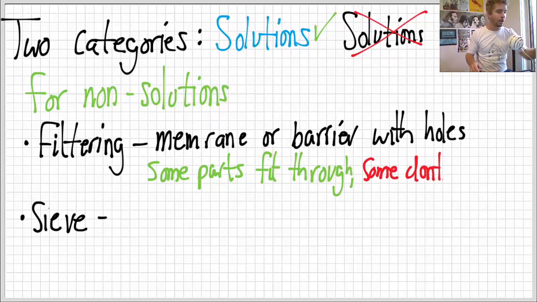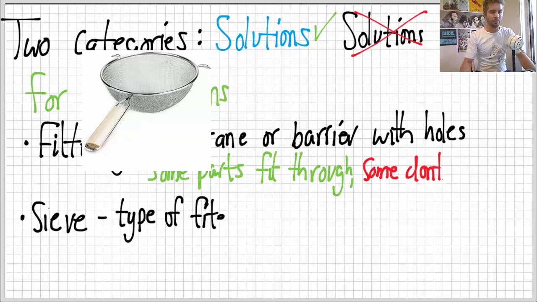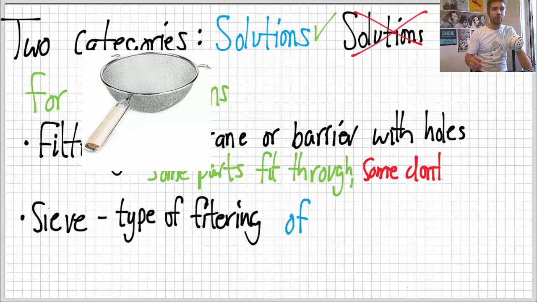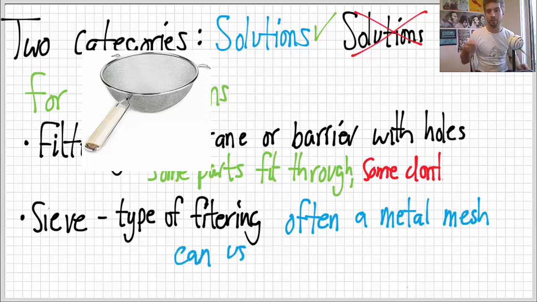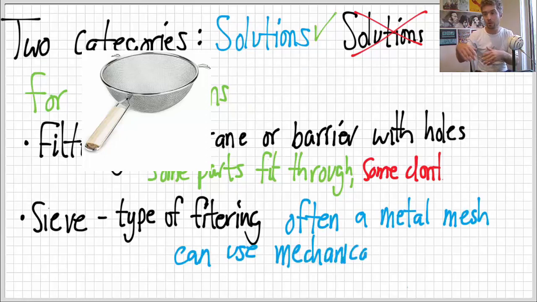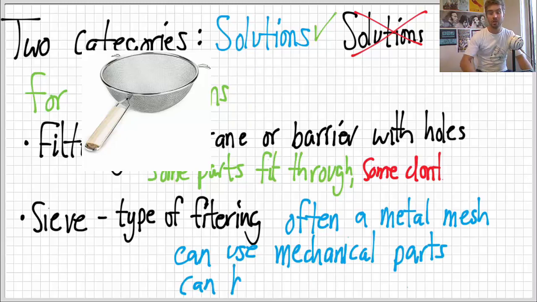There we go. Now the next technique is a sieve, or sieve, depending on how you pronounce it. A sieve is basically a type of filter. A sieve often uses a metal mesh. You see these a lot in kitchens. People have their sieve for flour or for straining noodles.